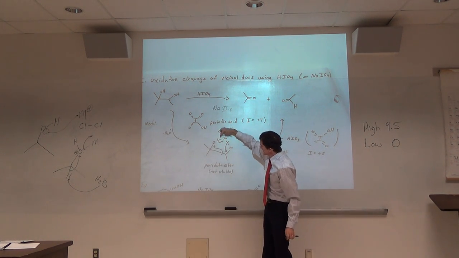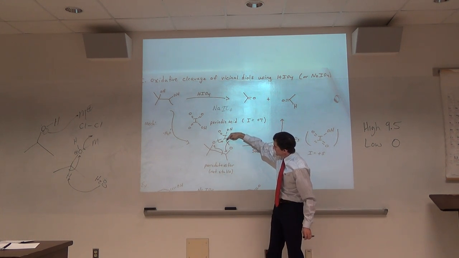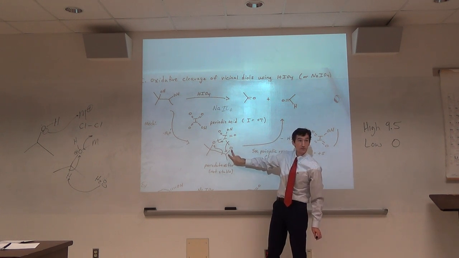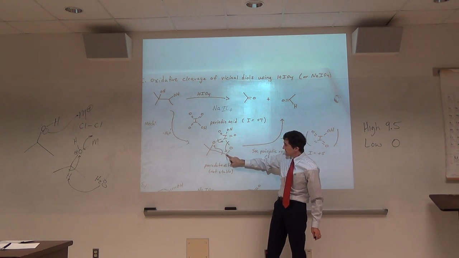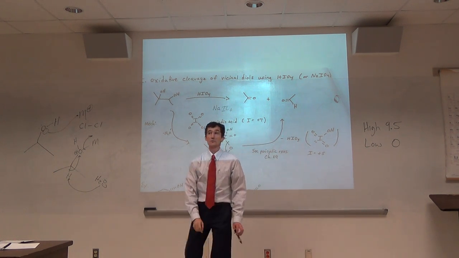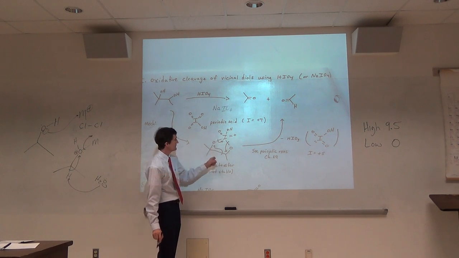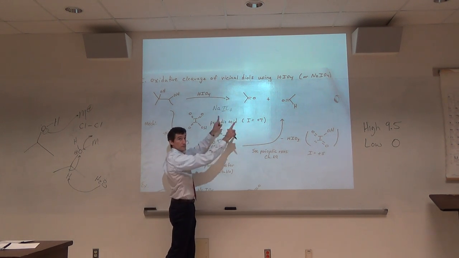Something has to leave the oxygen. These move on to iodine. Something has to leave the iodine. These electrons move down, make a double bond over here. Something has to leave this carbon. Well, that's the ones that went over there and made the double bond over there. So if you understand your arrow movement, it's all shown here. What does this give? It gives those two products.